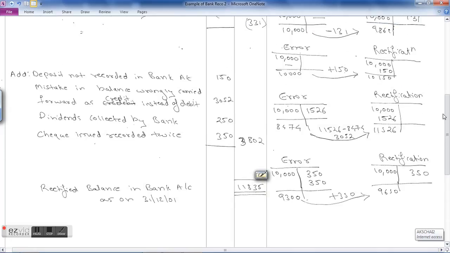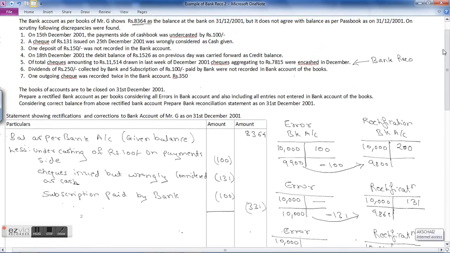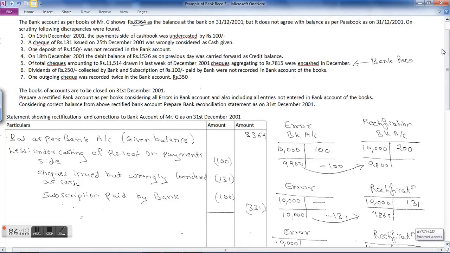If we see only point number 5, that is a bank reconciliation item. Of total checks amounting to 11,514 drawn in the last week of December 2001, checks aggregating to 7,815 were encashed in December.